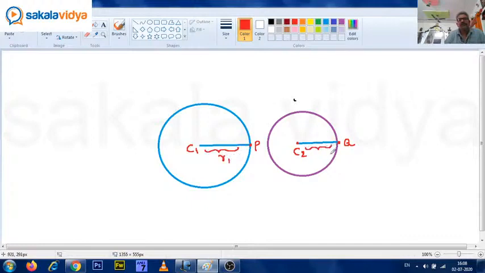So radius of this circle is equal to R2, for example.